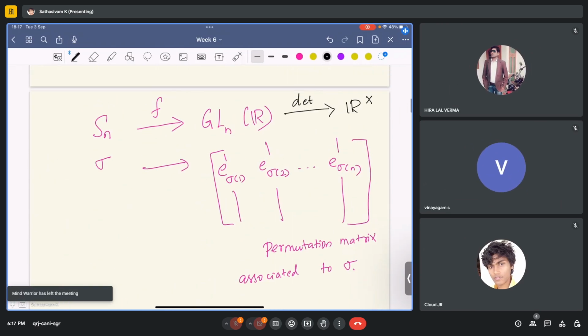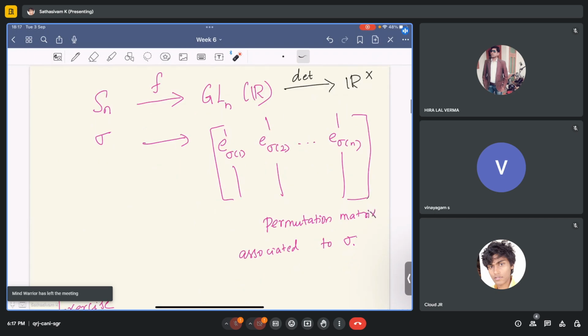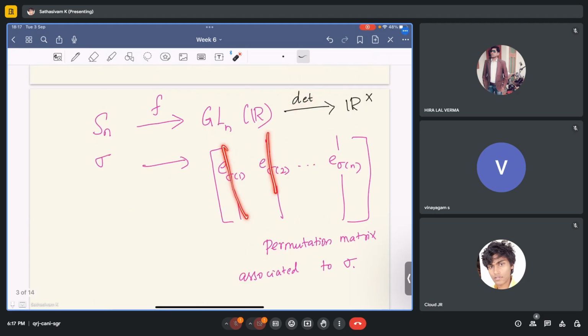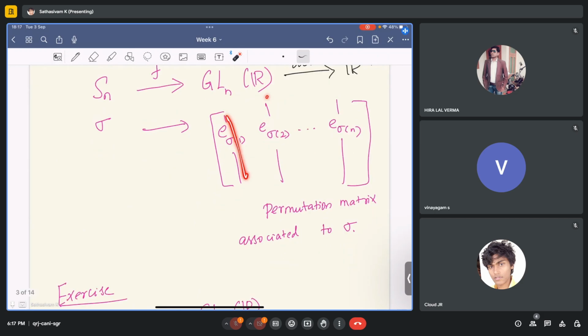So how do you prove this? Here also I will tell you the idea. I'm not really proving it, but I will tell you the idea. See, if you know about the determinant, what you know is that if you swap two columns, then the determinant changes by a factor of minus 1, right? So whenever you swap two columns, the determinant changes by minus 1.